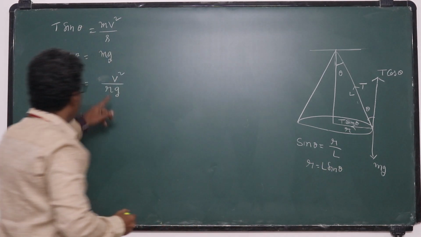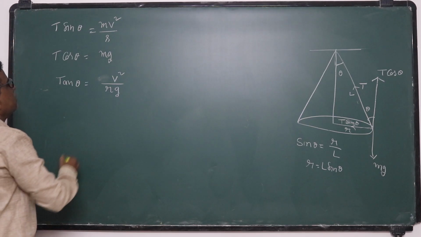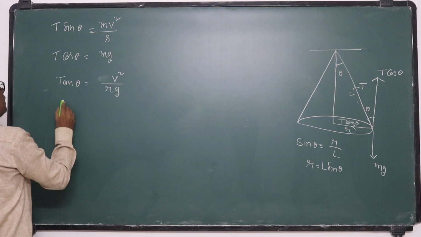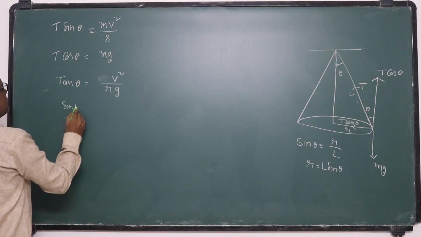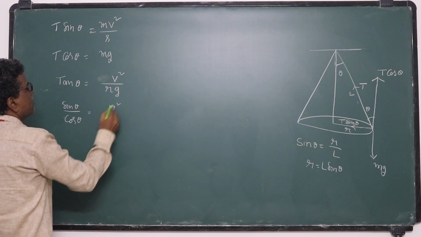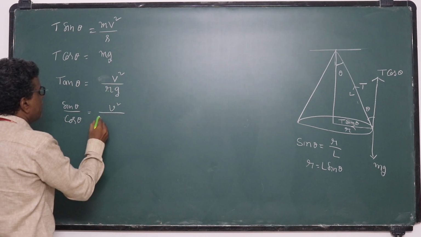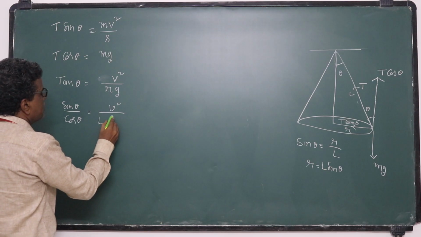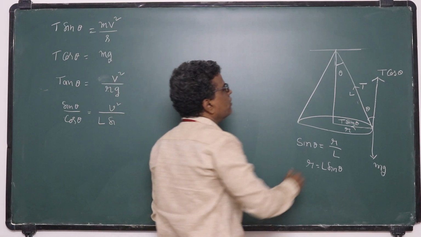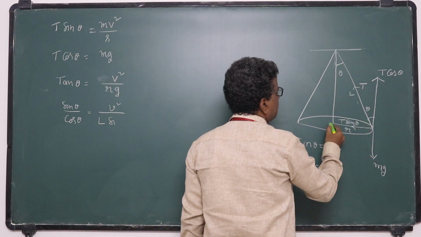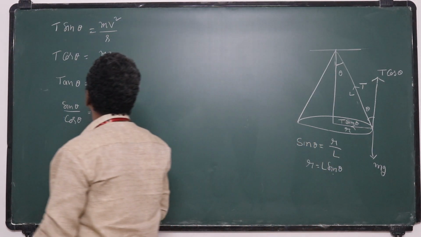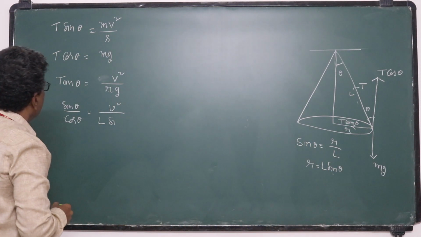So instead of r, I am writing L sin theta. Here tan theta is v square by rg, and R is equal to L sin theta.